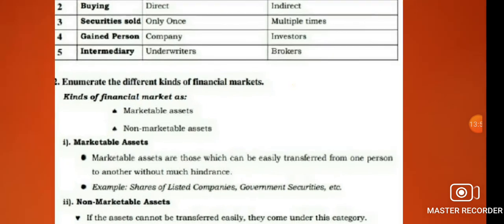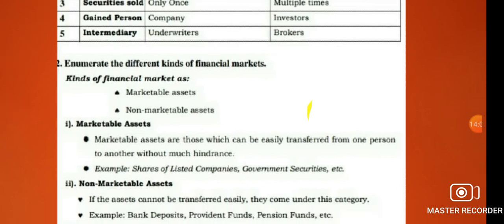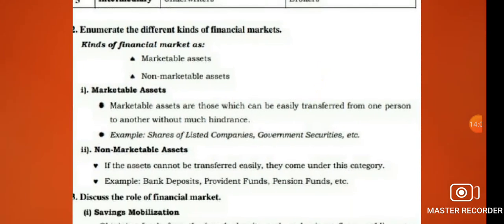For example, shares of listed companies, government securities, etc. Then non-marketable assets. If the assets cannot be transferred easily, they come under this category. Example, bank deposits, provident fund, PF, pension fund, etc. So these are the different kinds of financial market.